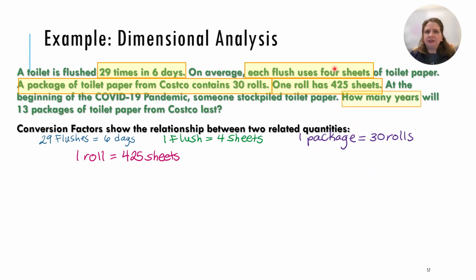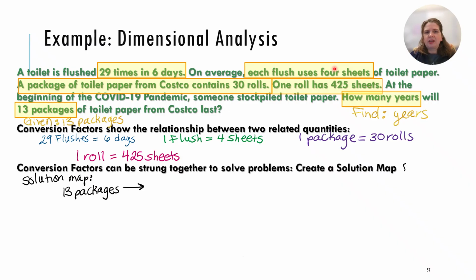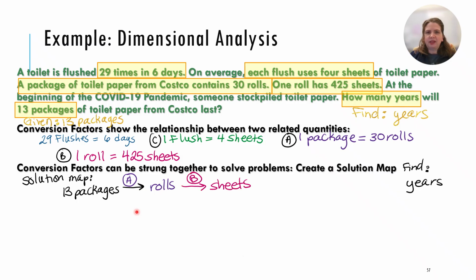We can create a solution map starting from packages and ending in years. To come up with this map, we are matching units we see in our conversion factors. We have a conversion factor that relates packages to rolls, and another conversion factor that relates rolls to sheets, and sheets to flushes, and flushes to days.